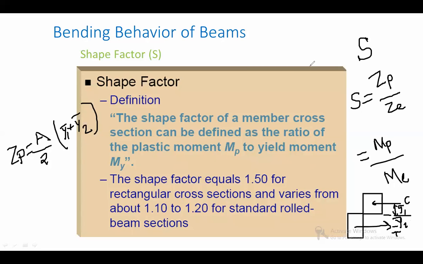So y1 bar and y2 bar are nothing but the centroidal distances above and below the equal area axis.